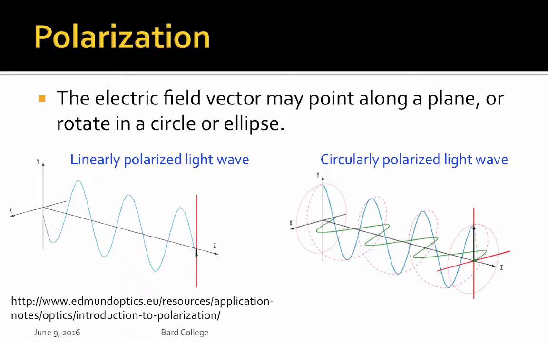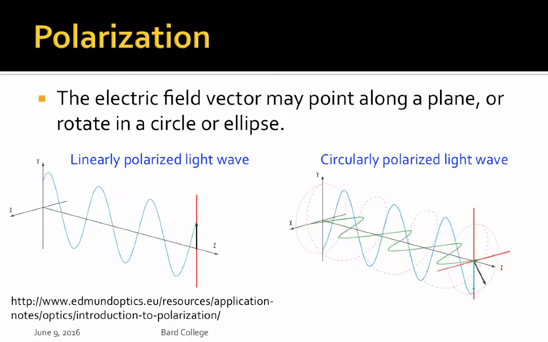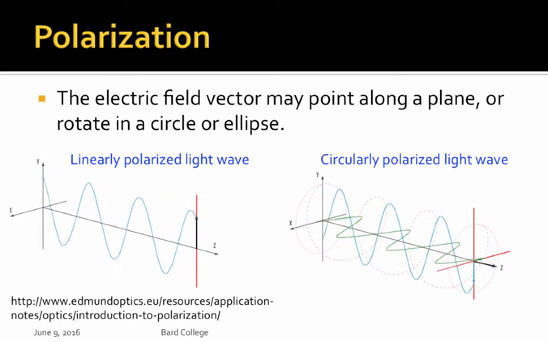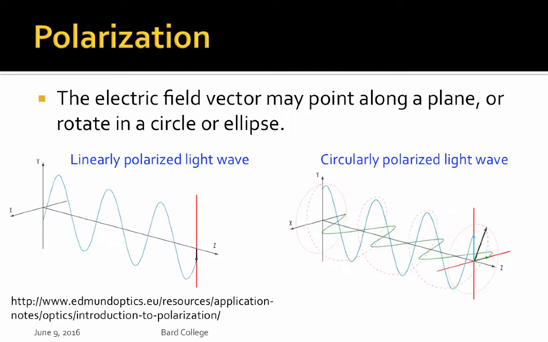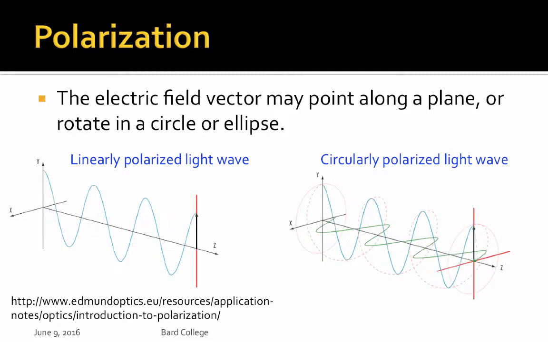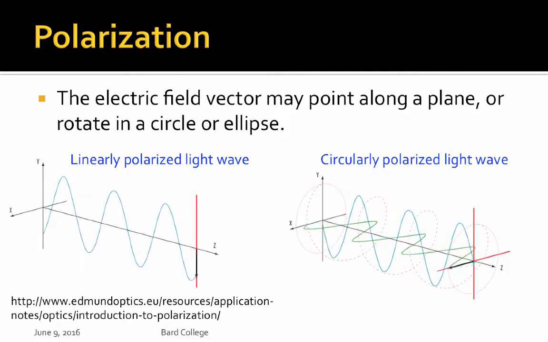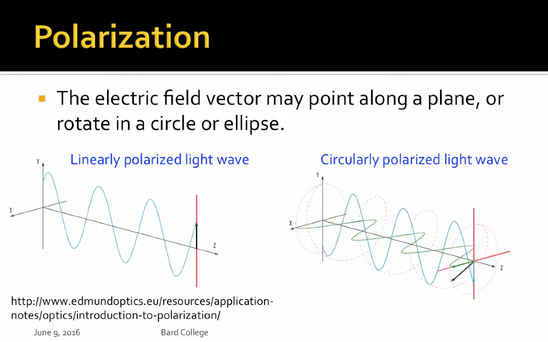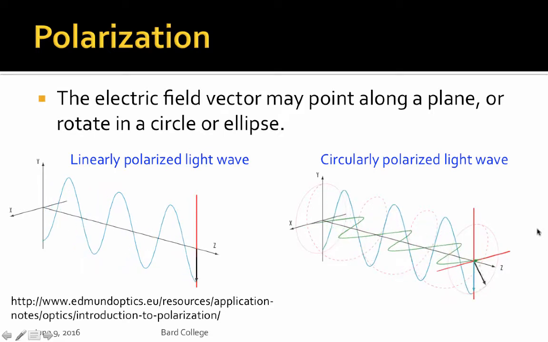Here's an example of a linearly polarized light wave on the left. The electric field is oscillating up and down. And today we'll get into circularly polarized light in more detail. So let's look at the picture on the right. The GIF is showing that the electric field vector is going around in a circle. Now, note that the black arrow that's rotating around describes a complete circle.